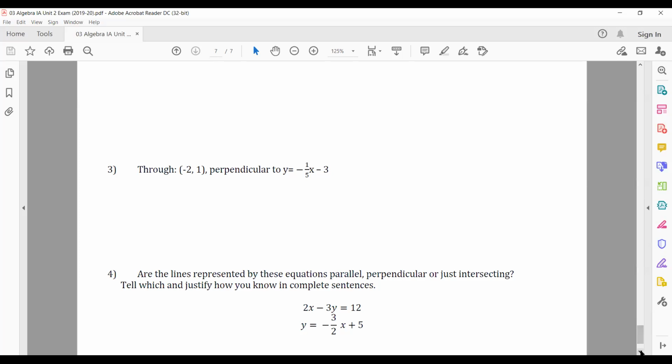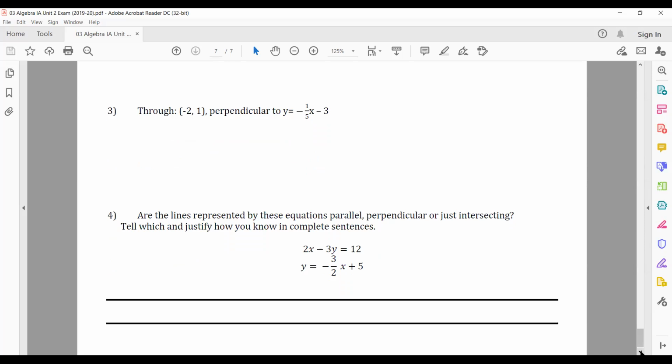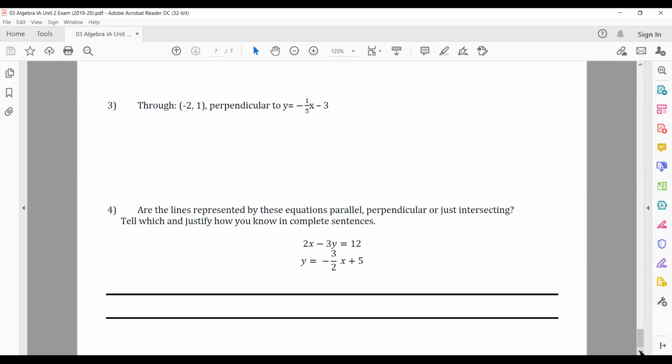The last problem on here says, are these lines parallel, perpendicular, or just intersecting? And how would you know? There's one thing you need to compare. Not the x, m. We just talked about slope.